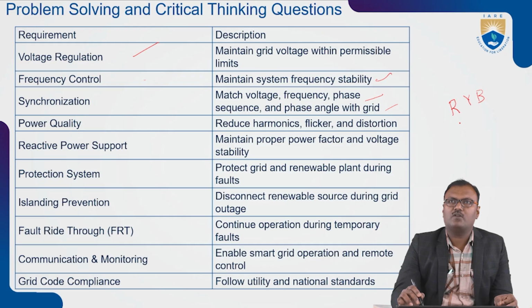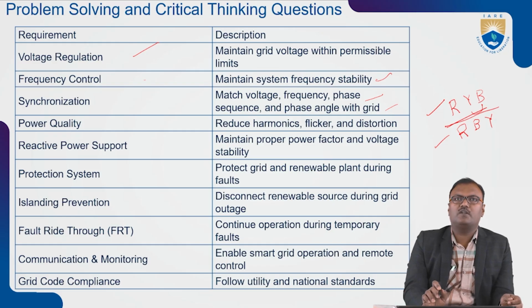If any two phases are interchanged, the first positive peak is R, the next positive peak occurs in phase B, and then Y. So one is positive phase sequence and the other is negative phase sequence.